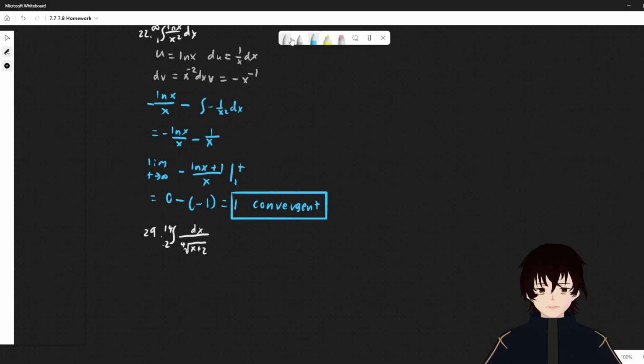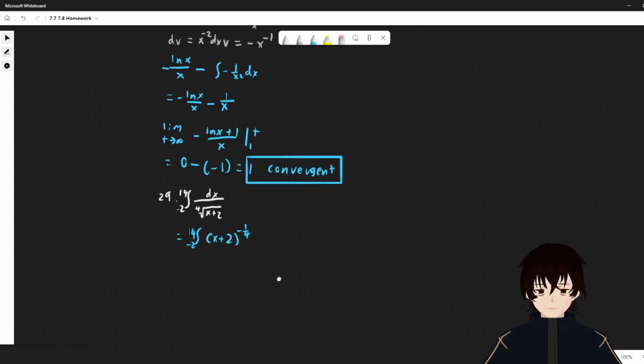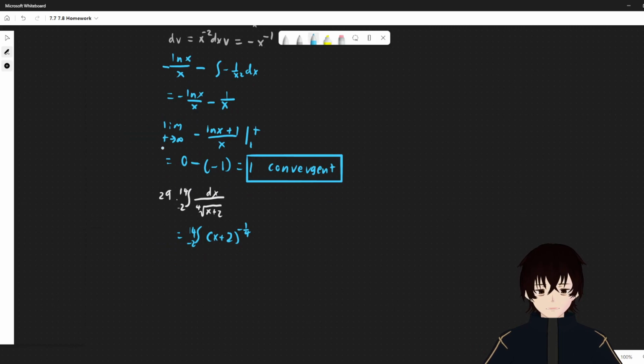Oh god. Let's rewrite this. This is an integral from -2 to 14 of (x+2)^(-1/4).